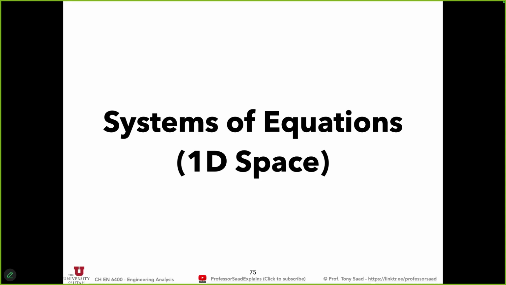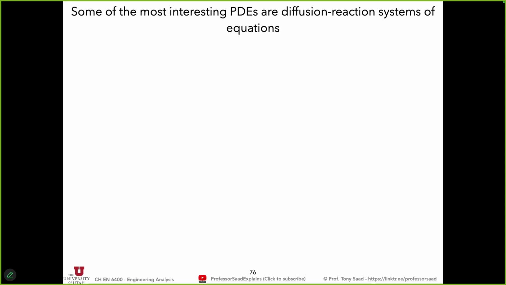The next complexity we will add is a system of equations. We're still in one-dimensional space, but we're going to do a system of equations right now. Some of the most interesting cases you will see are actually diffusion reaction equations. Convection, not yet, as there's no flow field available.